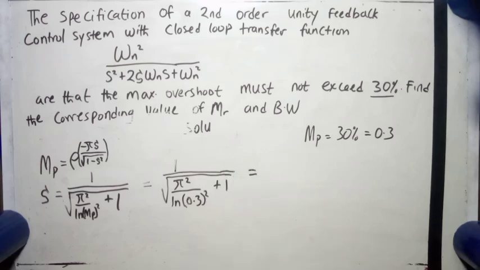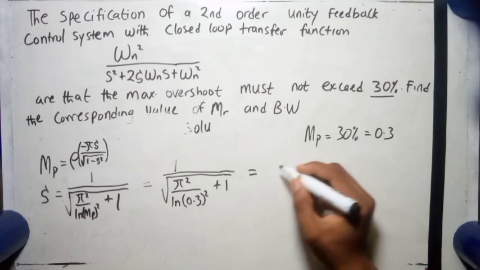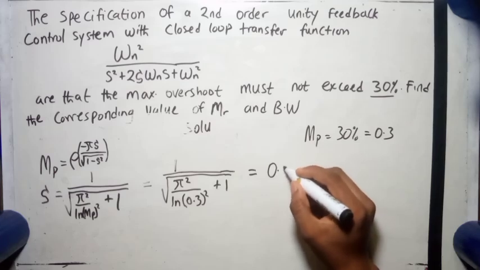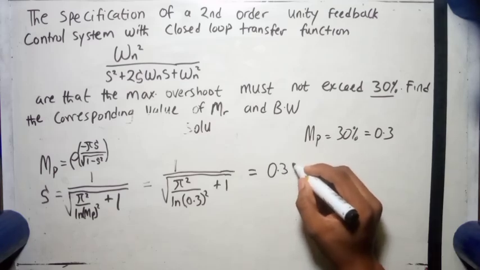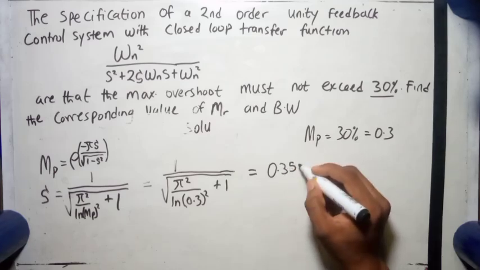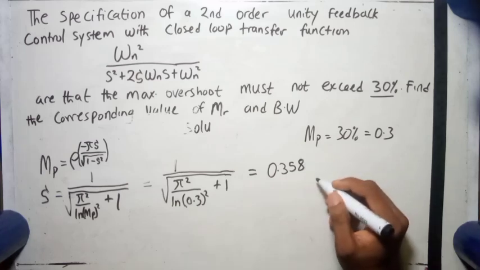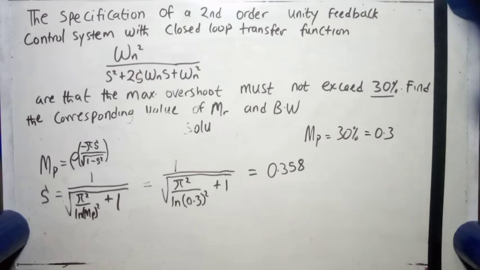So using this, we can get our zeta. I got my final answer to be 0.358. So this is the value of my damping ratio.